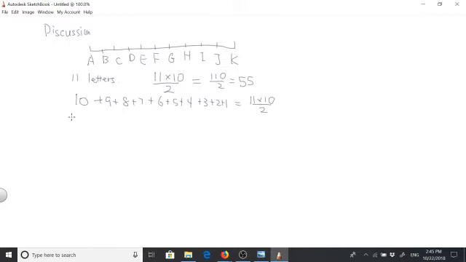actually prove something very general. In general, if you have a sum, 1 plus 2 plus 3, add to n, like what we're having here, 1 plus 2 add to 10. What does that equal? Well, that's a counting problem of how many line segments with n plus 1 letters.